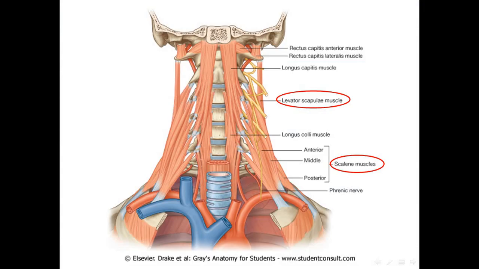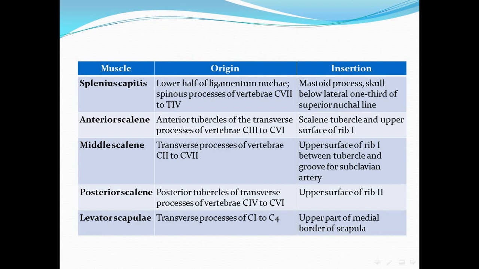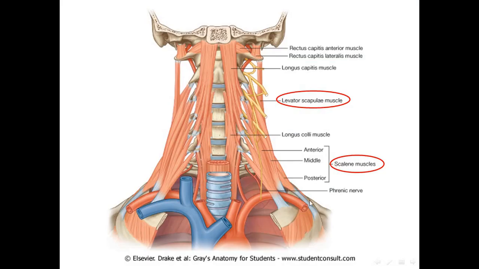Let's go back to our image. So these are the anterior and middle scalene. Both of them are inserted on the upper surface of the first rib. And then the posterior originates from C4 to C6, and inserts on the upper surface of rib 2.